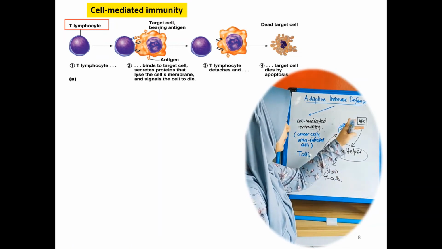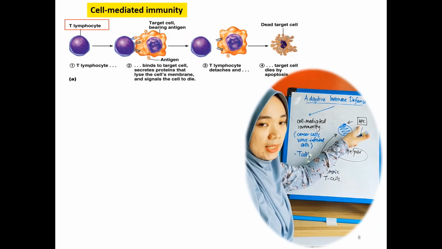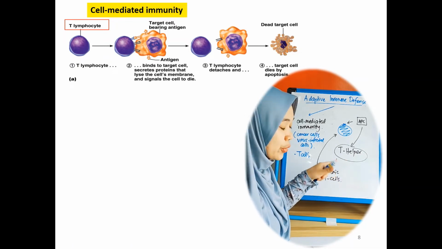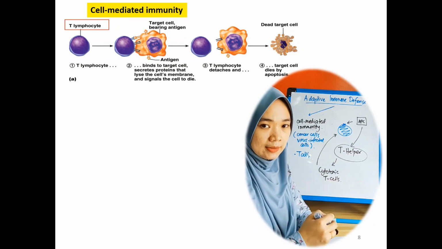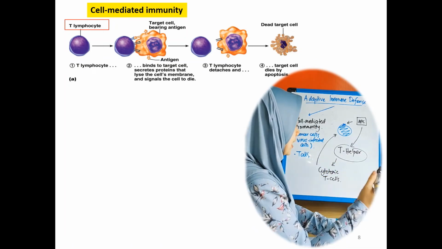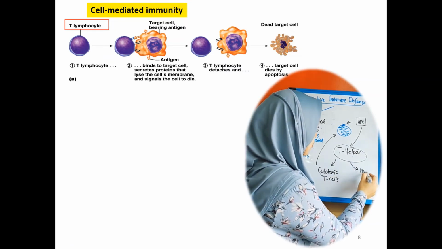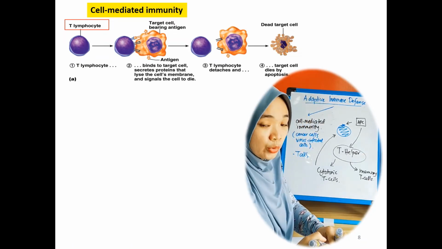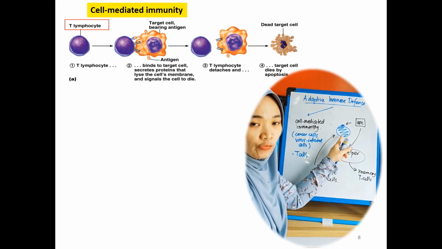Okay, so this is the process. When the cancer cell is detected, the APC will tell the T helper cell, and the T helper cell will tell the cytotoxic cell to activate and kill these cancer cells. At the same time, the T helper also tells the memory T cell to proliferate and memorize the ID of this cancer cell.